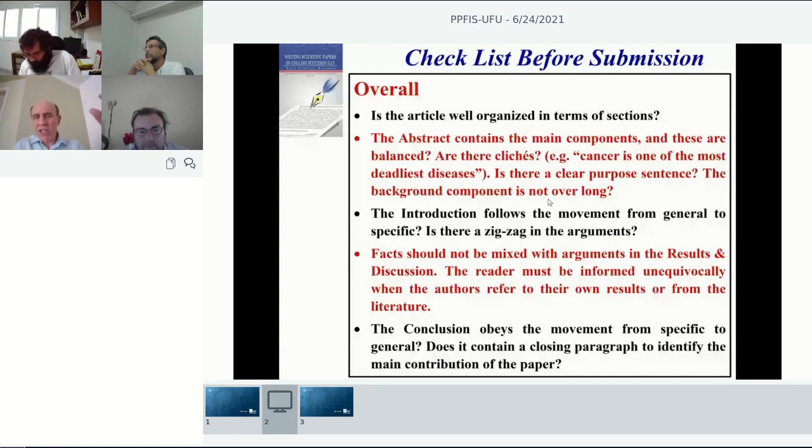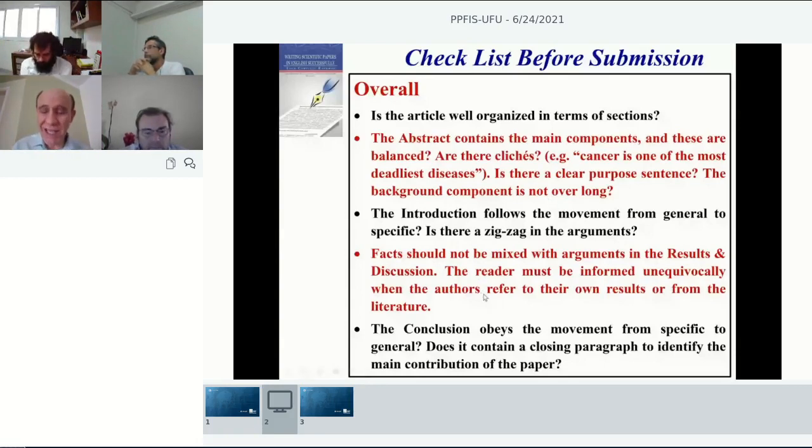So the abstract should have just one or two sentences of background, a clear purpose sentence. You should have all the results and contributions there, and then a concluding sentence at the end. So you should check that before you submit.